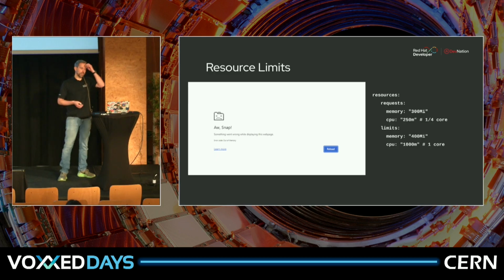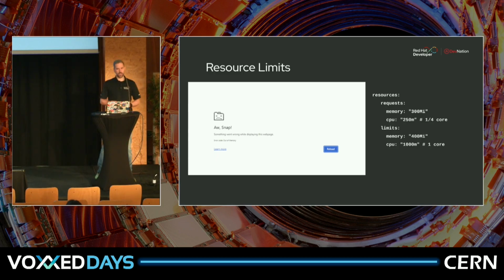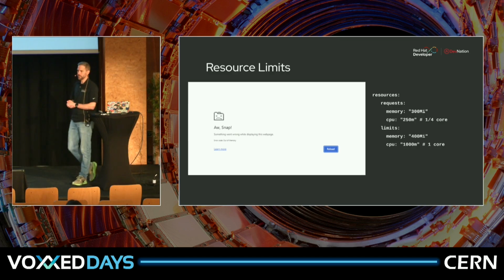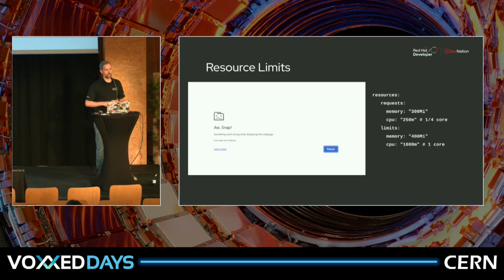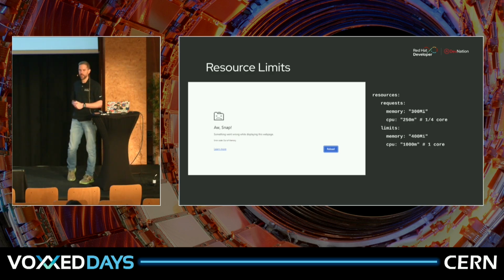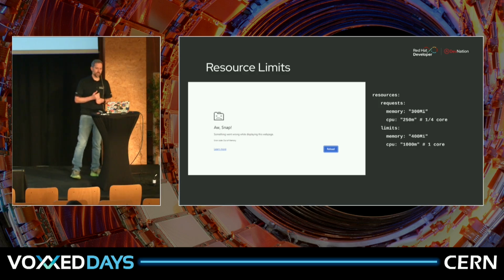Another really important thing for a Java developer is that you need to be aware of what kind of resource usage your application has. This wasn't so important in the classic Java world, where we'd just use all the memory available on this virtual machine.